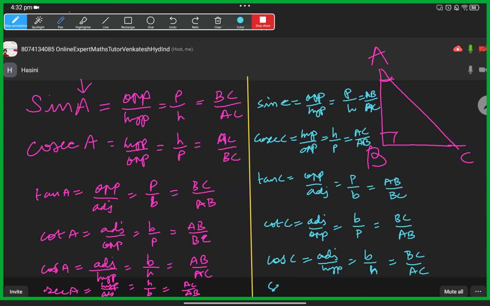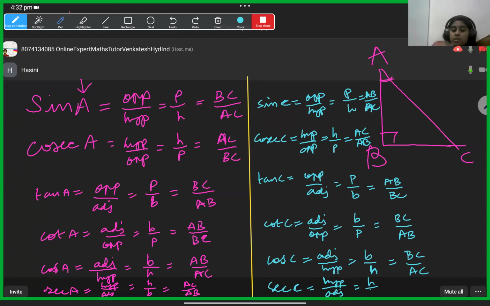Then secant C is hypotenuse by adjacent, which is H by B, equal to AC by BC. The final formula is hypotenuse by adjacent, AC by BC.